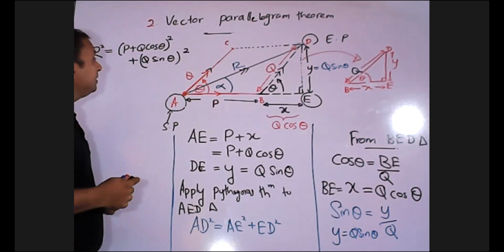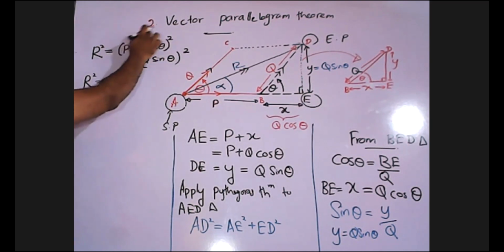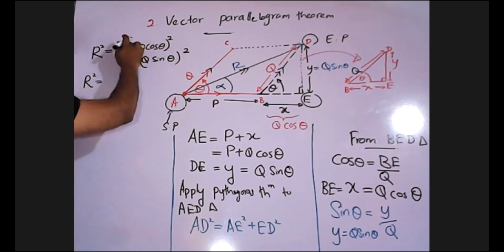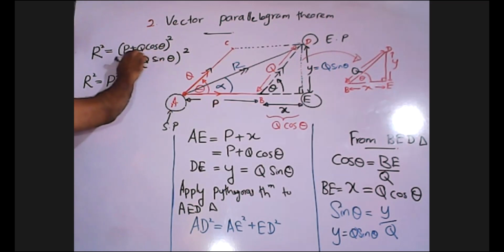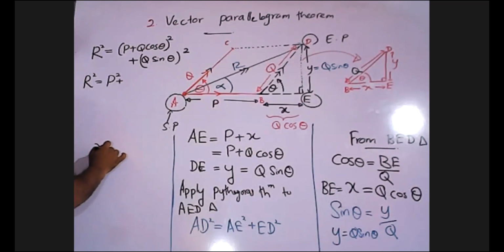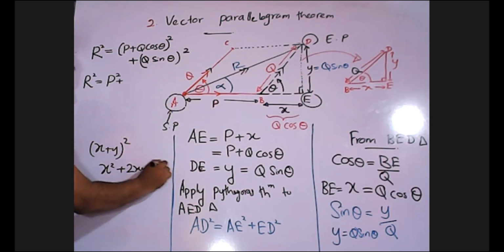Then now we can simplify this one. R squared is equal to... you have to expand this one. If you expand this, you will have P squared plus two times the product of these two, plus Q squared.